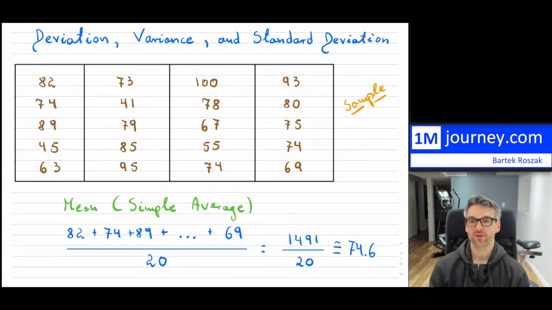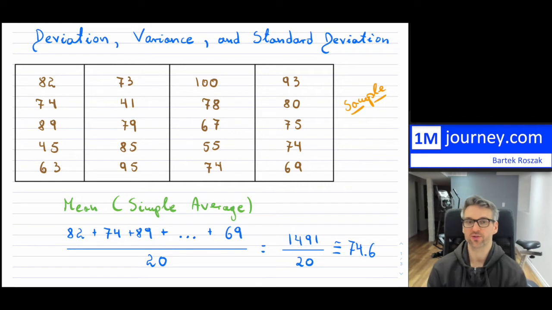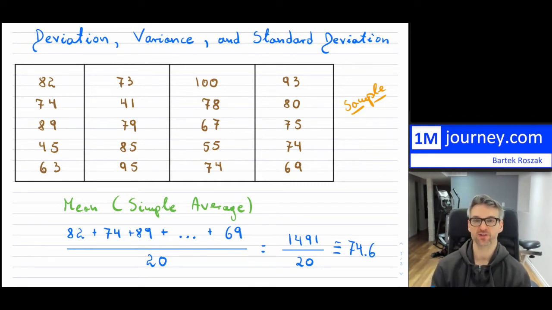Now, the first thing that you should know how to do, of course, is how to calculate mean. Now, I have done a video on mean, median, mode, and midpoint or mid-range. So I'll provide you a link up above to that particular video, just in case.